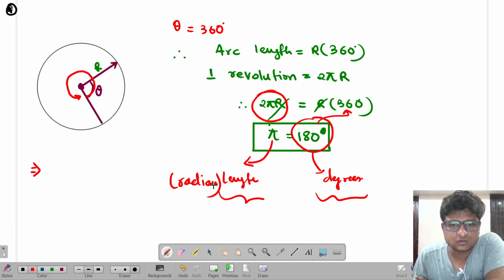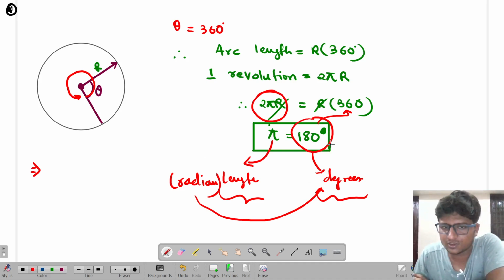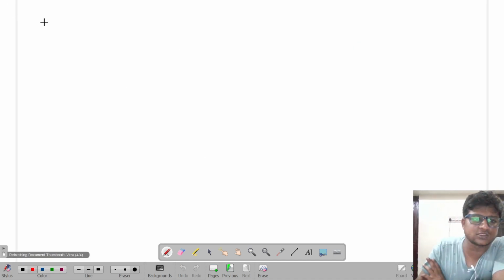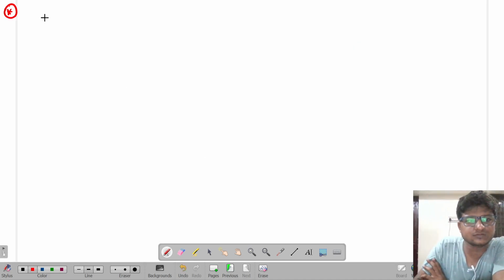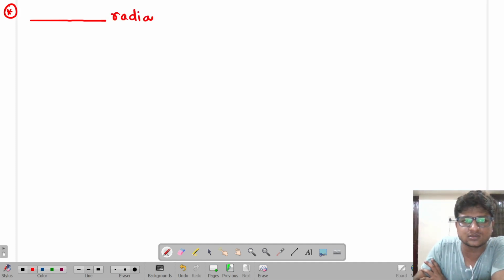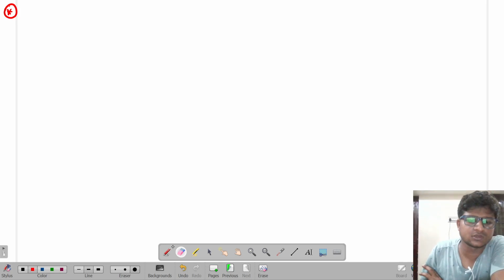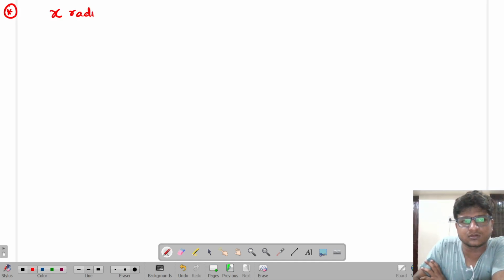So basically I should now know how to convert radians into degrees. Radians means writing the answer in terms of pi. Degrees means writing the numbers in terms of degrees. Are you able to get me or not? So for that conversion, let's suppose x radians is given, and you want to convert it into number of degrees.